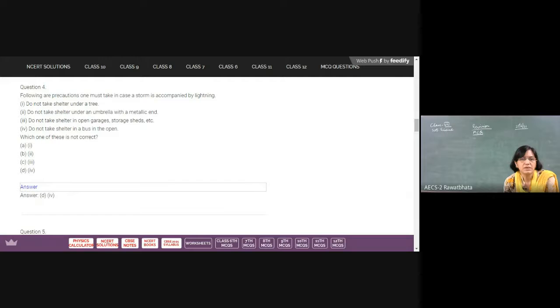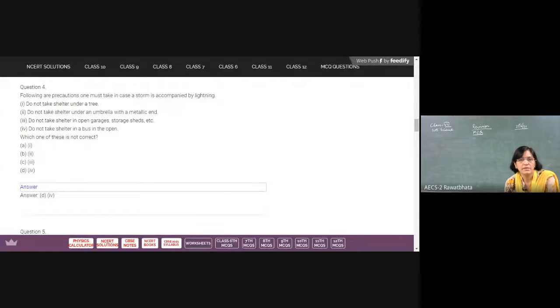C says, third point, do not take shelter in open garage, storage shed. This is actually right. Do not take shelter in a bus in open. So we have to select the best one. Right options are, do not take shelter under a tree. It is right. Do not take shelter under an umbrella with a metallic end.